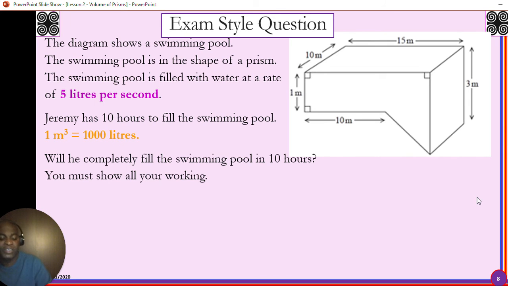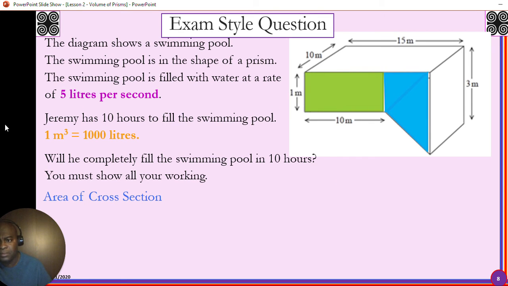So we start by first finding the volume of the swimming pool. To find volume, we need to find the cross section. This is the cross section. So I divide the cross section into distinct shapes. First, 1 times 10 is 10 meters squared.